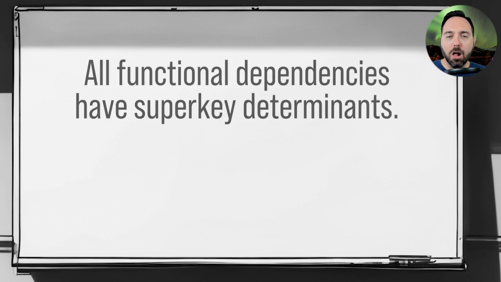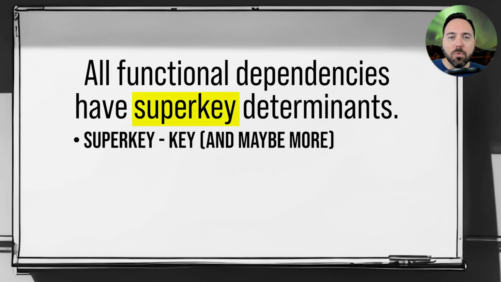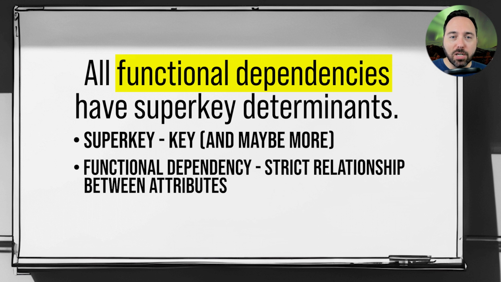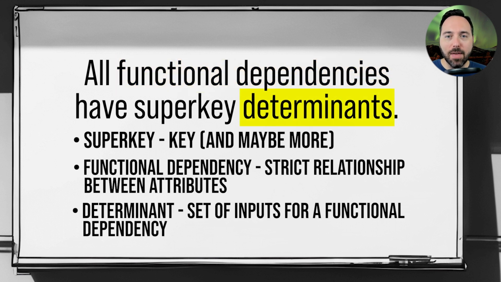All that said, let's go back to our definition of Boyce-Codd Normal Form. All functional dependencies have superkey determinants. We know that a superkey is a key, and maybe more. A functional dependency is a strict relationship between attributes, and a determinant is the set of inputs for a given functional dependency.